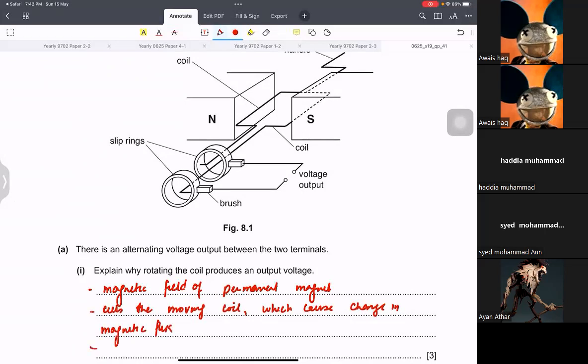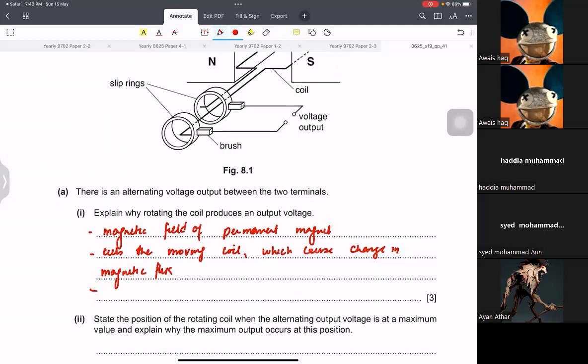Two, and the third mark is that hence EMF is induced. That's what Faraday's law is, okay?